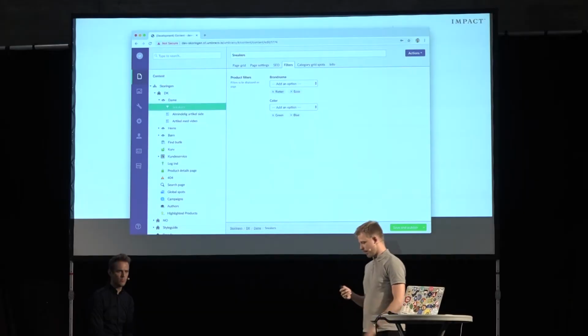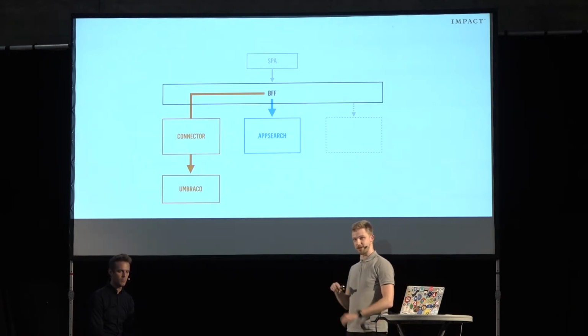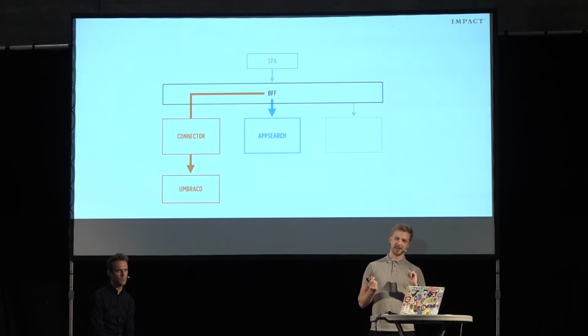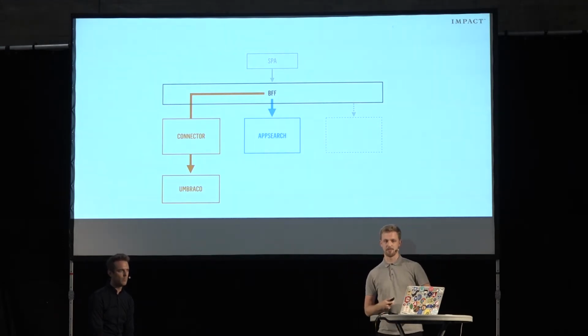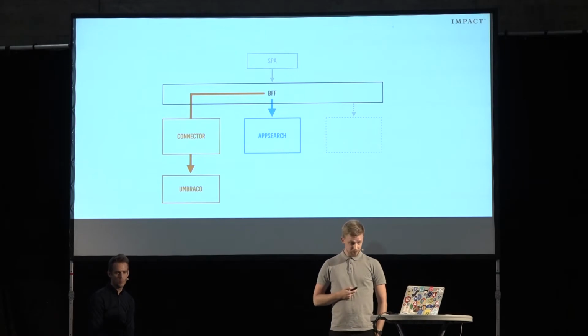Umbraco saves this configuration as a small JSON object. So whenever we get that from the connector, our backenders can make the BFF kick in and ask AppSearch for the real products and enhance the page with that before sending it onwards to the single-page application. So that really allows us to handle that pretty nicely.